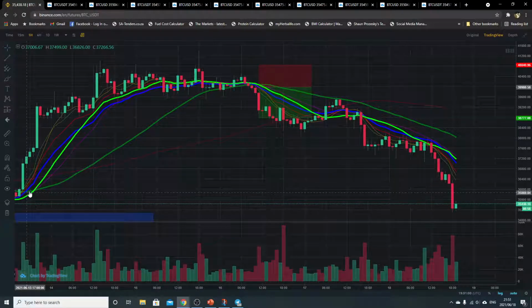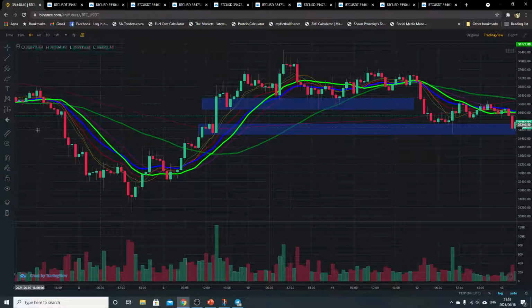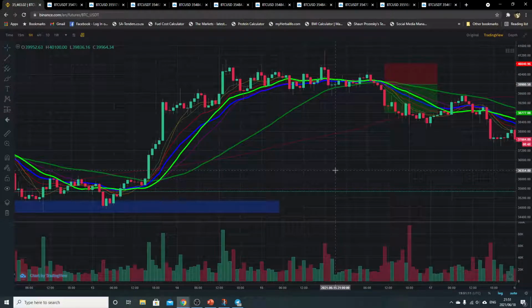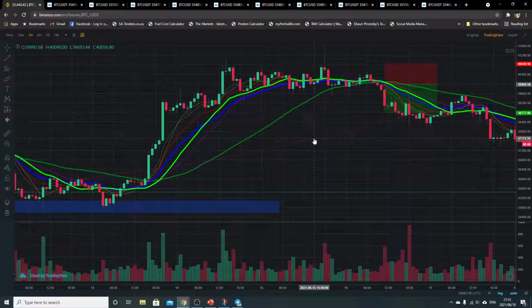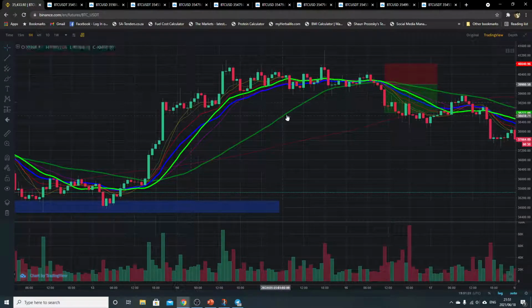I know what's going to happen now because of what's happened in the past, every single time, guys. When we are in an uptrend, this is what the MAs look like: 50 MA, 20 MA, and you have obviously your smaller MAs.